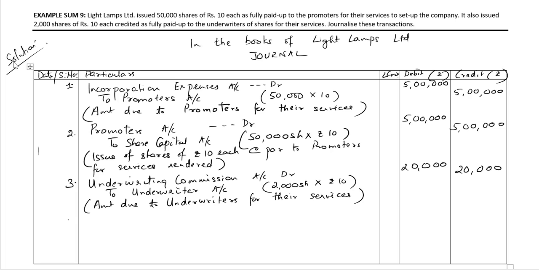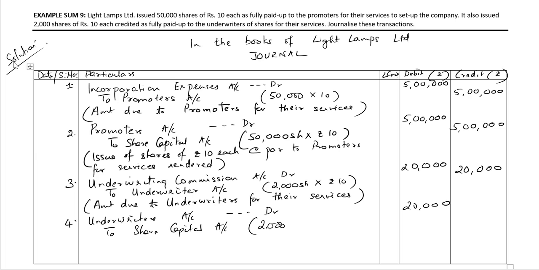And the last journal entry is for issue of shares to the underwriters. Underwriters account debit, the amount payable 20,000 rupees to share capital account, 2,000 shares multiplied by the face value of rupees 10 per share, 20,000 rupees.